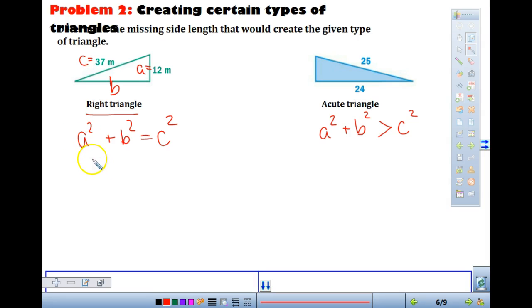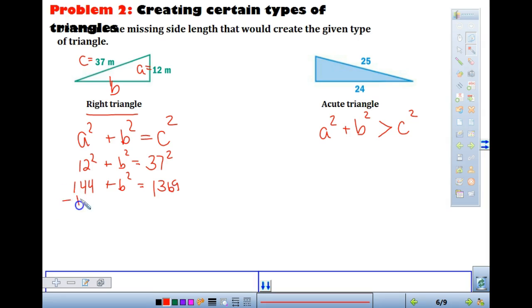So I also know that B has to be less than 37, right? So I'm going to put 12 squared plus B squared equals 37 squared. Those of you that didn't finish the problems today, make sure you finish it. 37 squared. When you put that in your calculator, what am I looking at? 1,369.